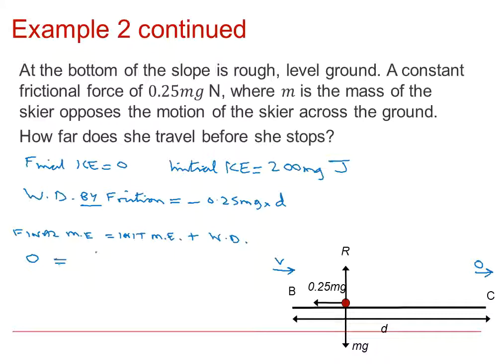For the initial mechanical energy, there's no potential but there is some kinetic: 200 mg of kinetic, plus work done. The only force doing work in this problem is the resistance, and the resistance does minus 0.25 mgd joules of work, which gives me a distance of 800 meters.